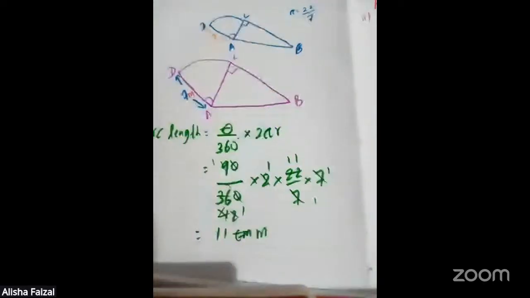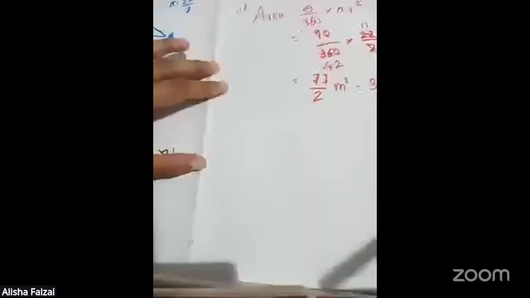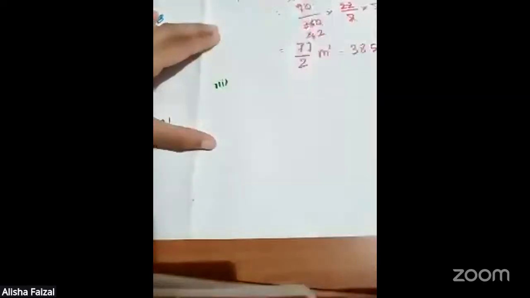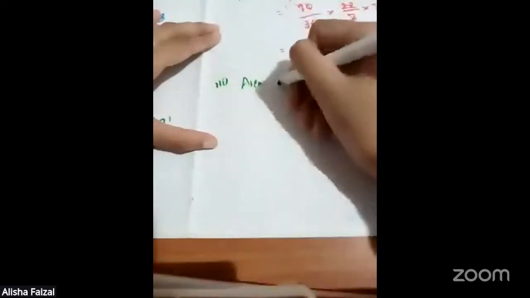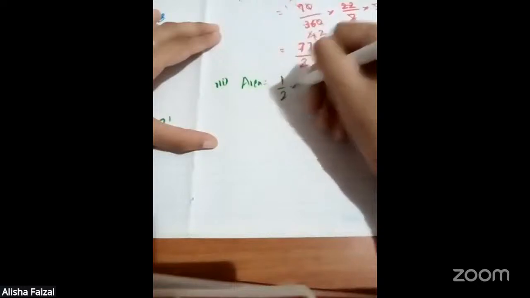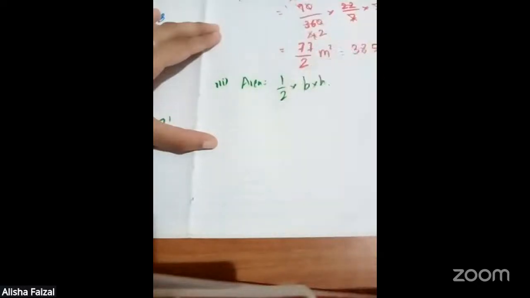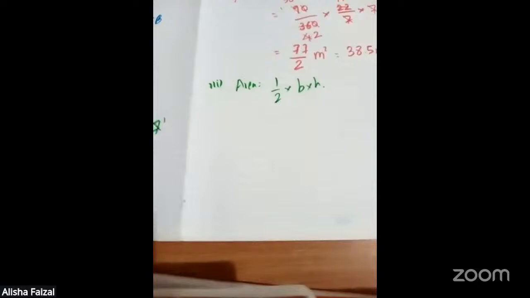How to find the area of a triangle? What's the equation? The area of the triangle is equal to half into base into height. Now, we should remember one thing.